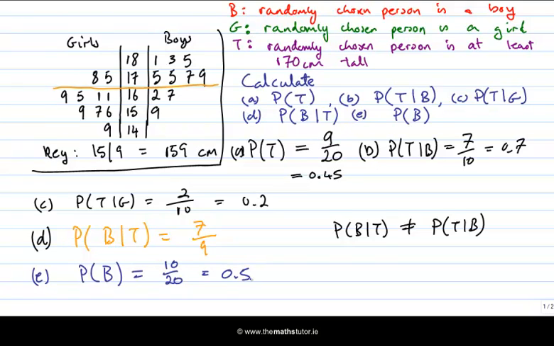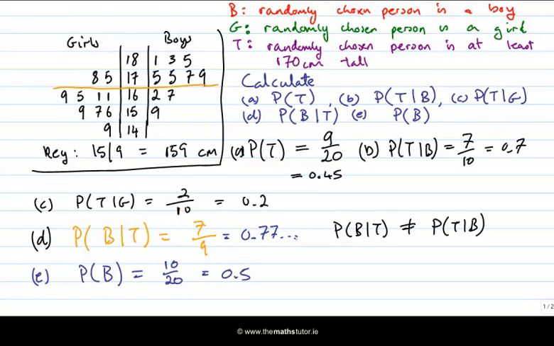So that tells us if we randomly choose a person, there's a 0.5 chance that it's going to be a boy. But look at the previous calculation, D there. If we know that the person is more than 170 tall and we randomly choose a person, then the probability is 7 over 9, and that's 0.77 repeating. So these are different.